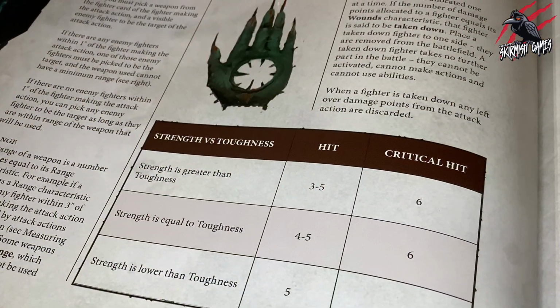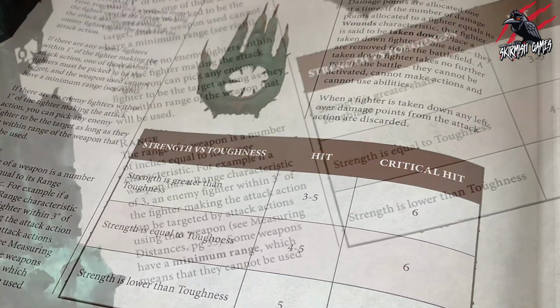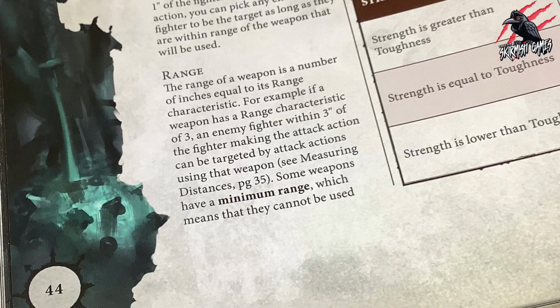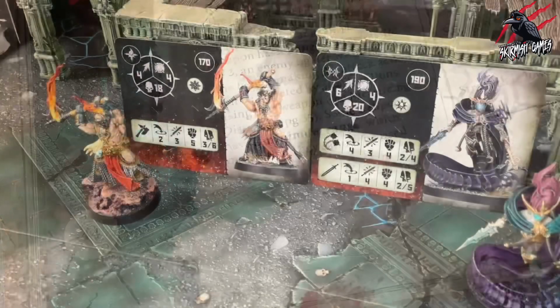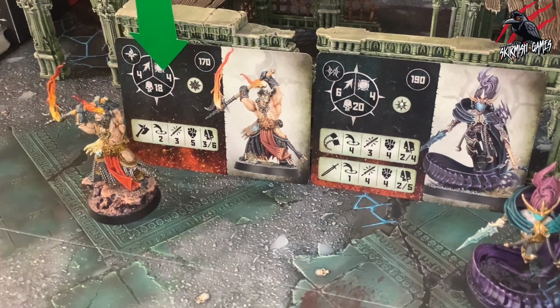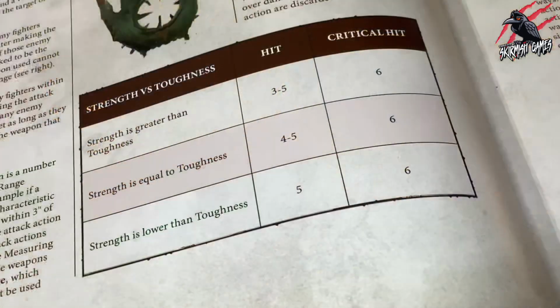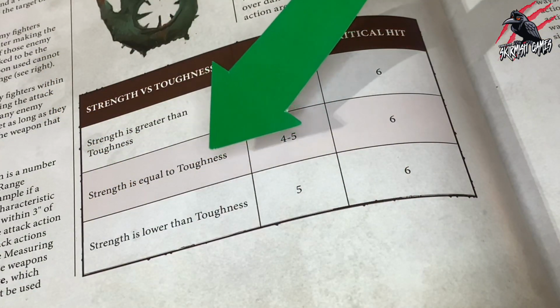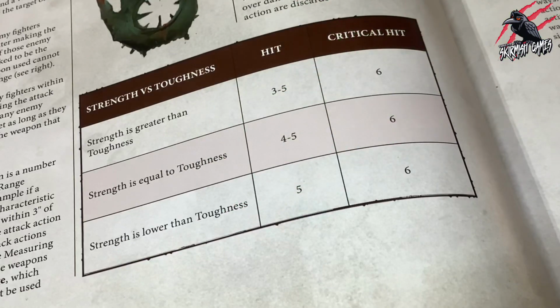You'll find this table on page 44 of the Warcry Core Book. We use this table to compare the strength characteristic with the toughness characteristic. With only 3 comparisons, you'll see that this is going to be really quick and easy to learn.